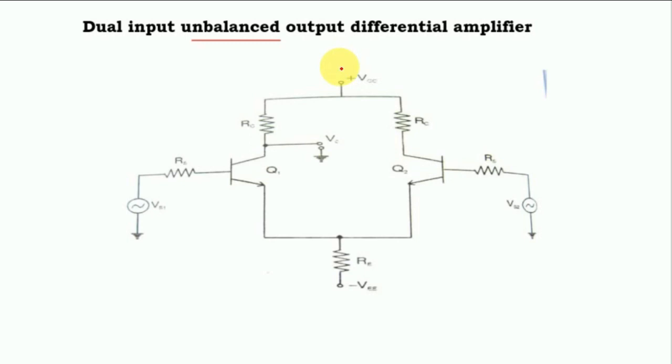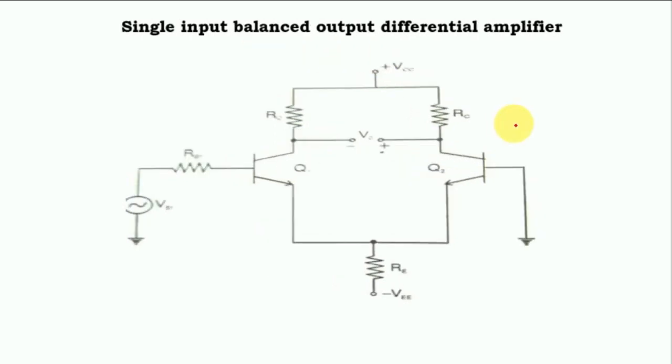Now secondly, this is called the single input. Here we have not applied any kind of dual inputs. Only one input is there and the output is here. So this is the basic idea, and the single input balanced output differential amplifier works in this way.